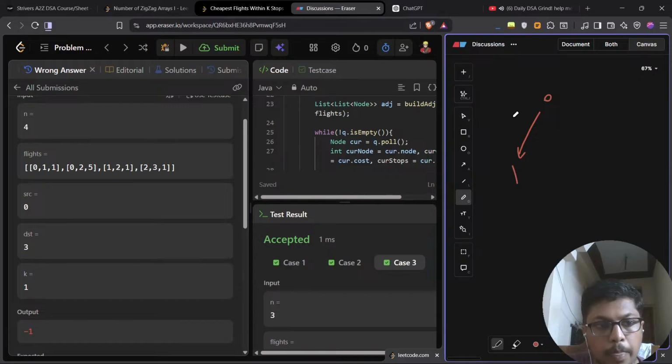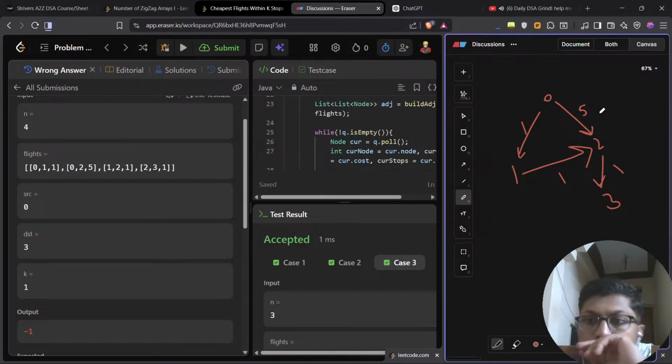Okay, 0, this is 7. Now it's positive 1. Now 0 to 2, its cost is known as 5. 1 to 2 is 1, and 2 to 3 is known as 1.